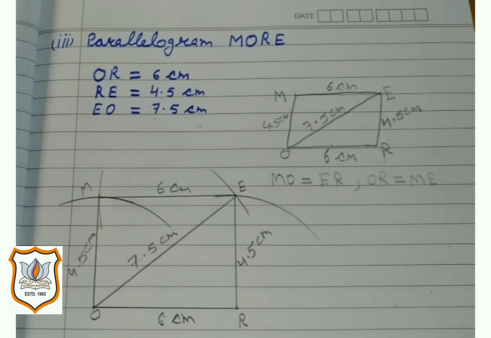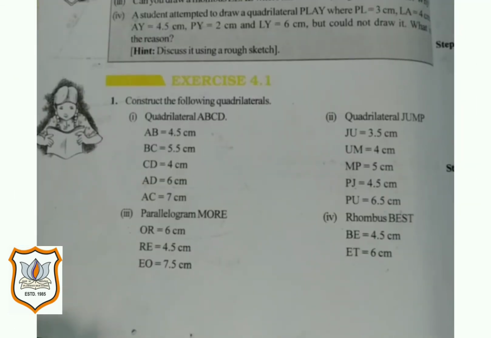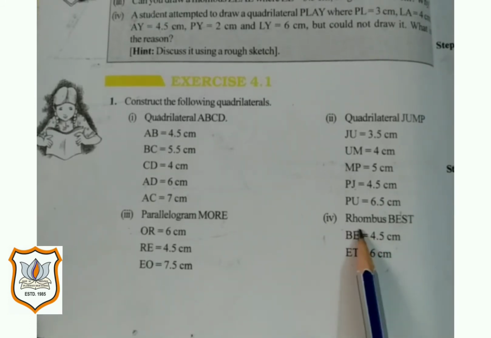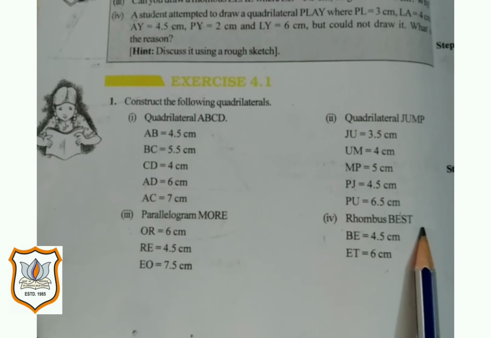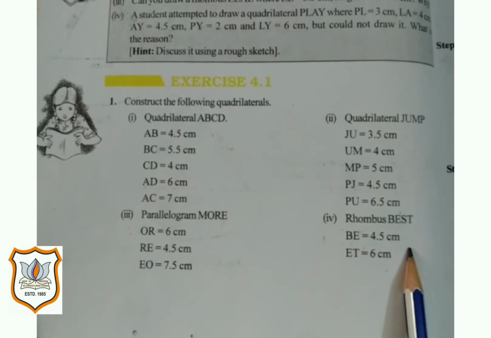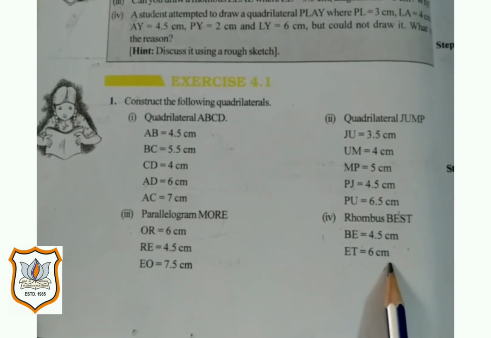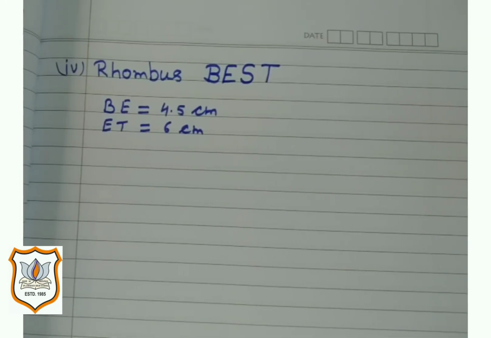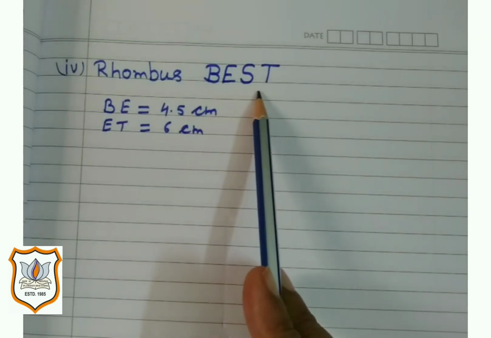Students, you have to write the steps of construction yourself. Okay. Now we will take the next sum. Part 4, rhombus BEST, where BE is equal to 4.5 centimeter and ET is equal to 6 centimeter are given. Rhombus BEST.